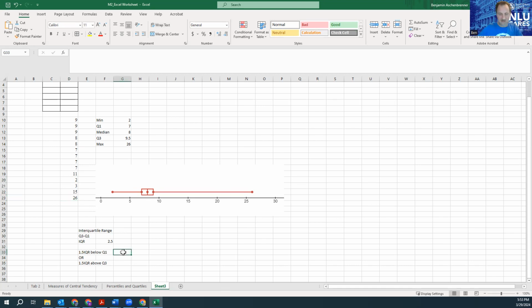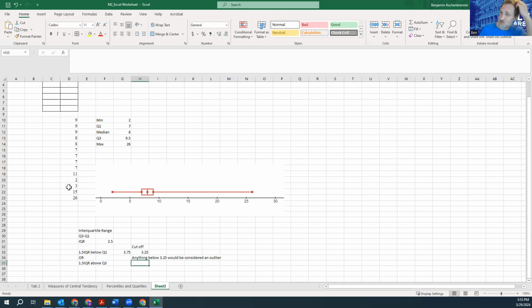What is 1.5 IQRs? So I do 1.5 times my 2.5. And then I'm going to go below my Q1. So equals Q1 minus my 1.5 IQRs. So this is my cutoff. In other words, anything below 3.25 would be considered an outlier.